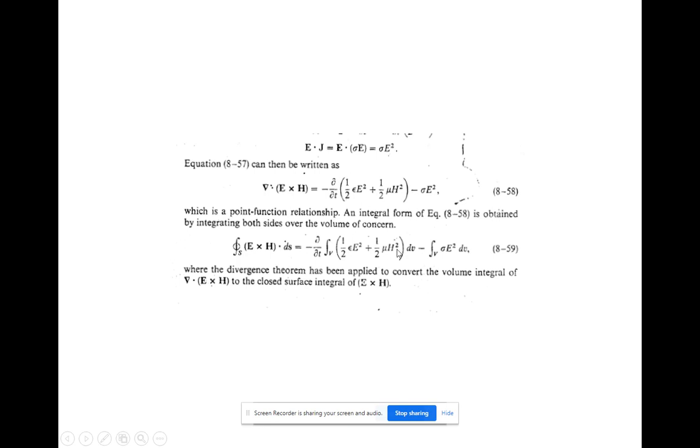Here you take separate integration for each term. The divergence theorem is applied to convert the volume integral into a surface integral, because on the left-hand side we take a surface integral, but the right-hand side has a volume integral.